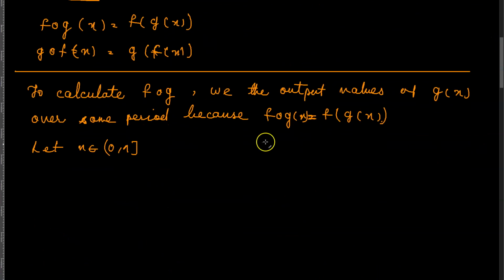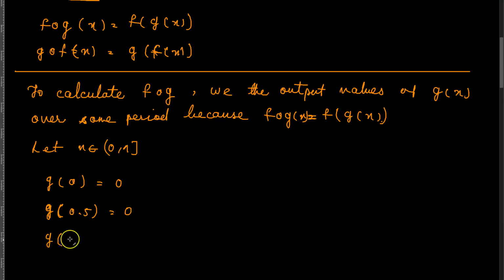What that means is that if you go for g of 0, that would be the greatest integer less than or equal to 0. What is the greatest integer less than or equal to 0? It's equal to 0. And if you calculate g of 0.5, that's still equal to 0.